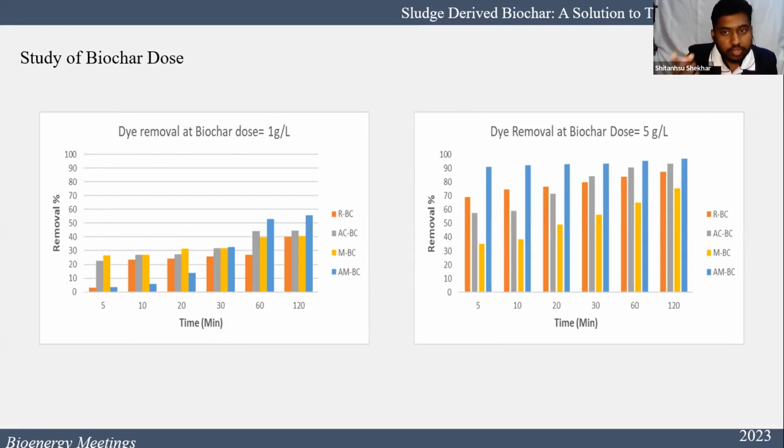But if we increase the biochar dose, in the very first 5 minutes the activated magnetic biochar, the fourth type of biochar, removed the maximum percentage, around 90% of the methylene blue dye from the water, and the other three biochars required more time. So what does it reflect? It reflects that increasing the biochar dose reduces the process time and gives greater removal.